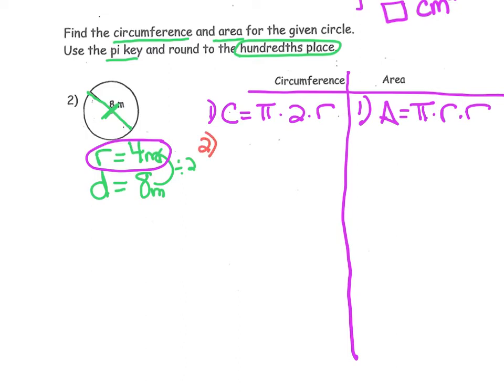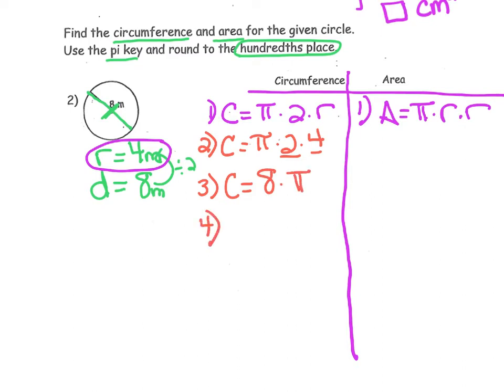Step 2. C equals pi key times 2 times 4. Take a moment and multiply 2 times 4 to clean up the formula. That brings us to 8 times pi.